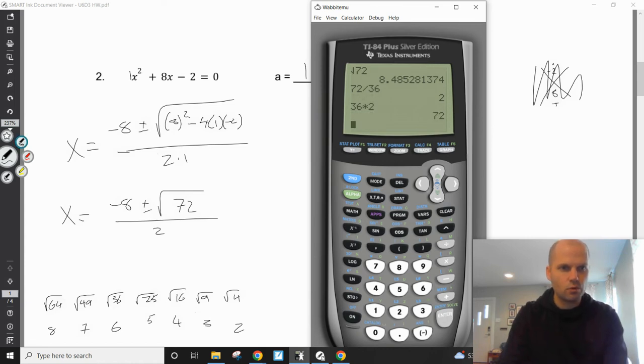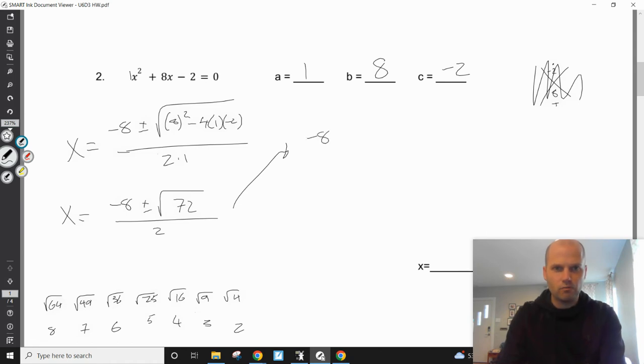But since this is root 72, I'm going to come up here. We will write it as root 36 times root 2. Okay? The reason why we do this is we can turn the square root of 36 into 6. You can use your calculator to do that.